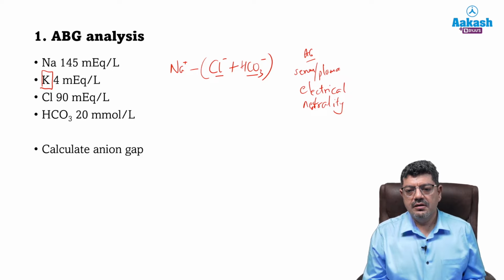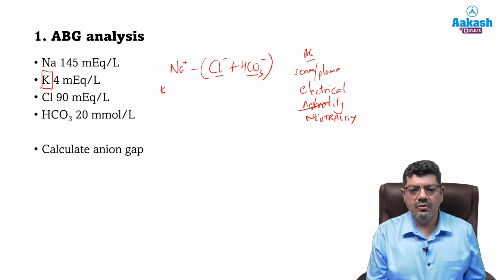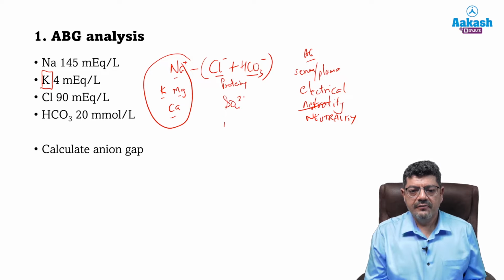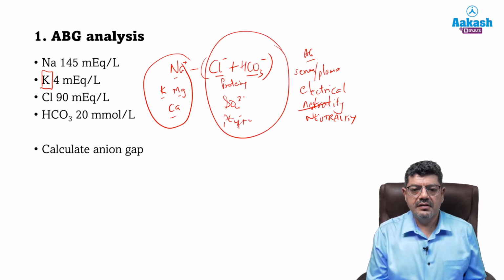That means the sum total of all cations, whether sodium or potassium, magnesium, calcium, all that lumped together, with all the anions, chloride, bicarb, proteins, sulfates, phosphates, right, hemoglobin, all that lumped together, the sum of all these is equal to the sum of all these.